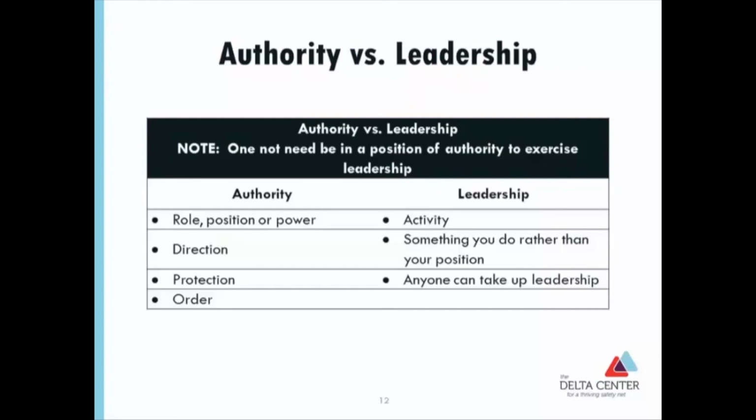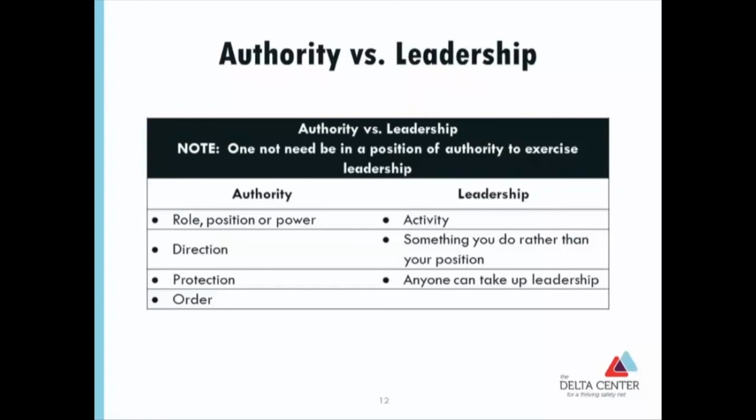So we would argue that leadership is an activity. It's something that you do rather than the person that you are or the role that you occupy. And because we think about leadership as an activity, then anyone can exercise leadership, regardless of whether you are in a position of authority or you're not in a position of authority.